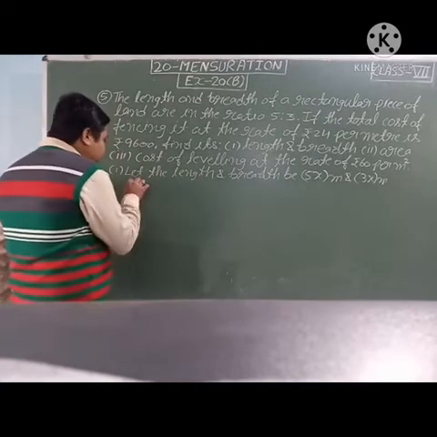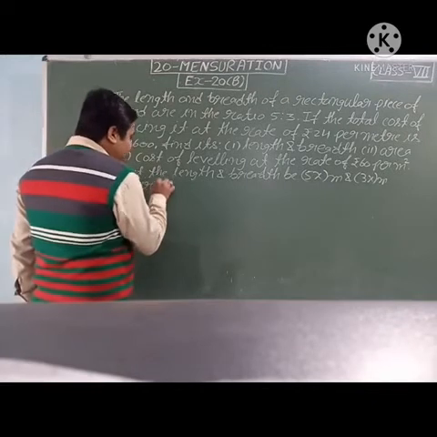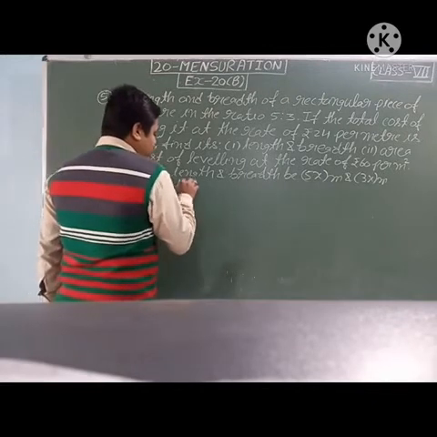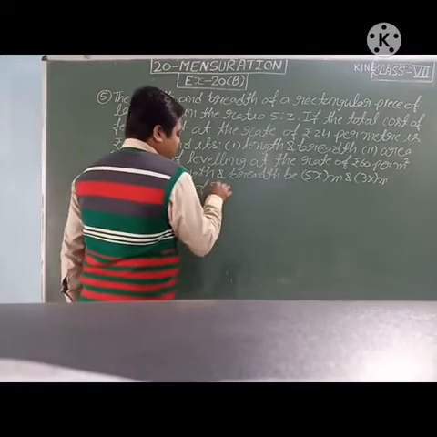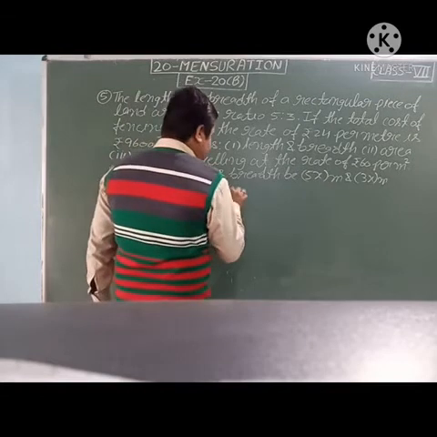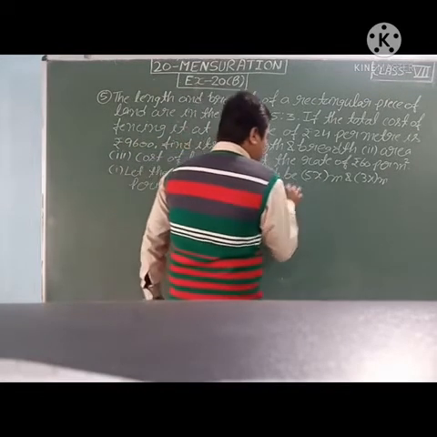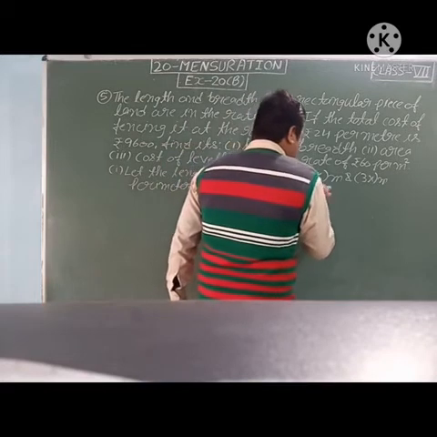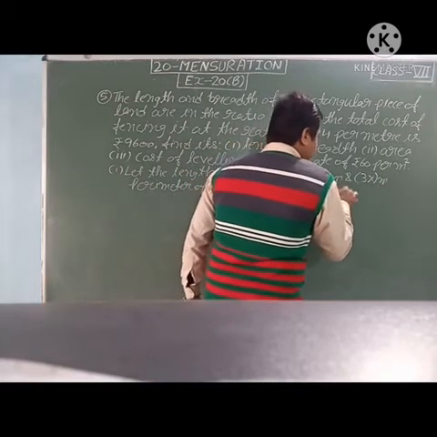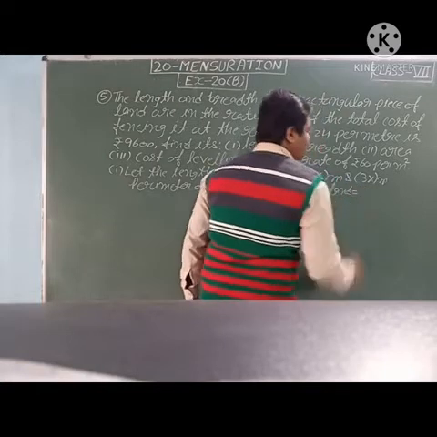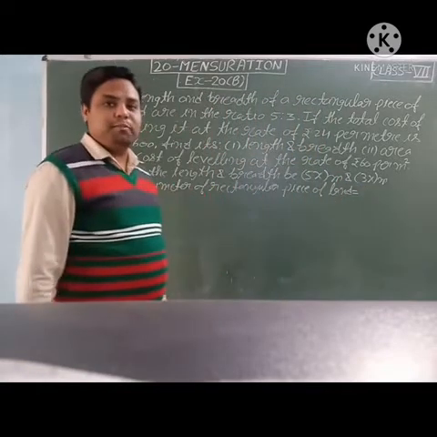So the perimeter of the rectangular piece of land. The formula is 2 times (L plus B).